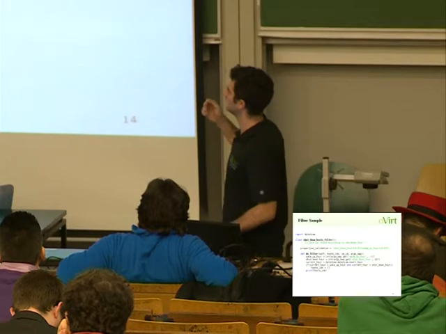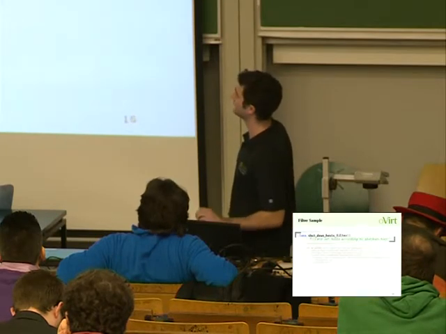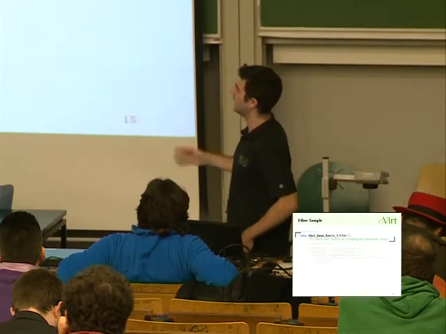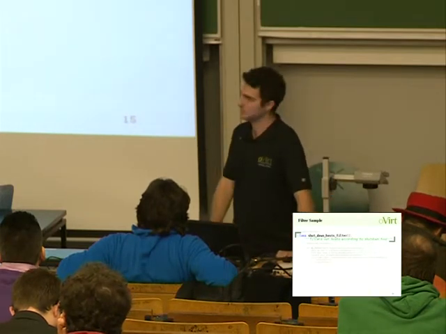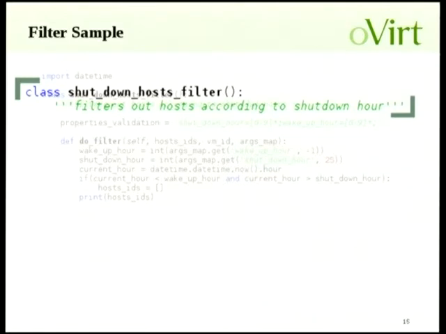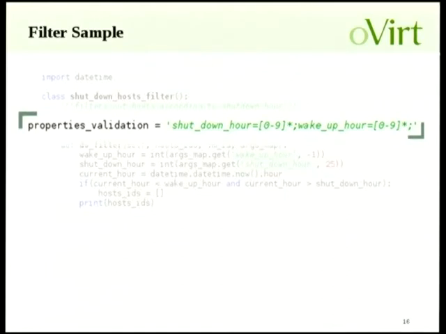Basically, this is a filter in Python. The name of the class will be the name that the server gets. The properties validation are basically a set of properties that you can add within the server, and then the filter will get it.